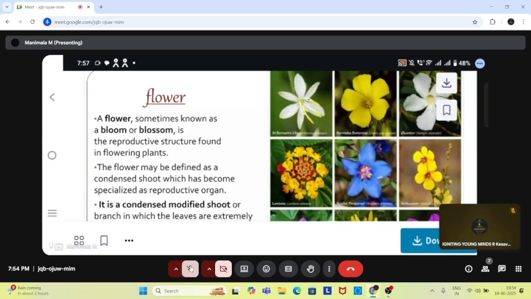Among the 5, only one plant kingdom has the capacity to produce flowers. That is angiosperms.